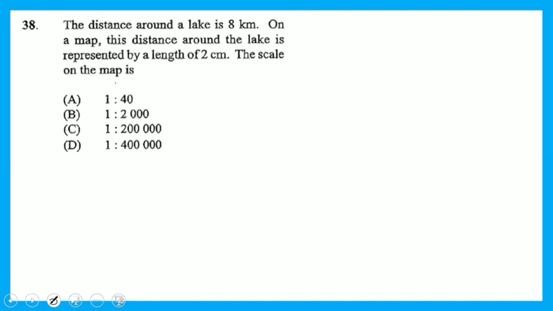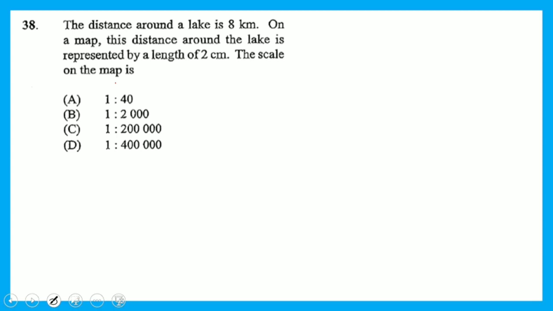The distance around the lake is 8 kilometers. On a map, this distance around the lake is represented by a length of 2 centimeters. What is the scale on the map? All right, so the first thing we need to know here is the distance. The first thing that we need to compare is the distance around the lake in terms of kilometers and centimeters.